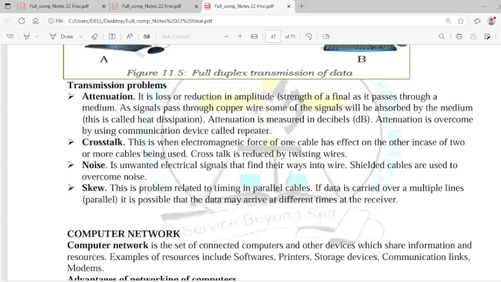Then next we have noise as one of the transmission problems. Noise is unwanted electrical signals that find their way into wires. Let's look at Arua, and also we can just look at Ovujo here. Along the road there are lots of electric cables hanging in the air.